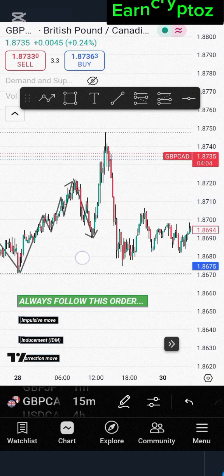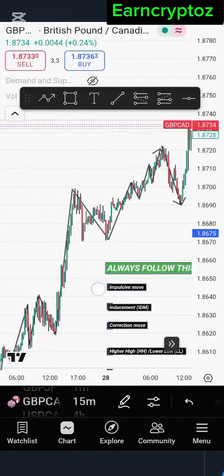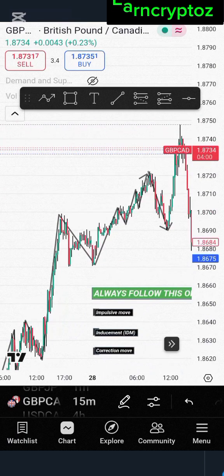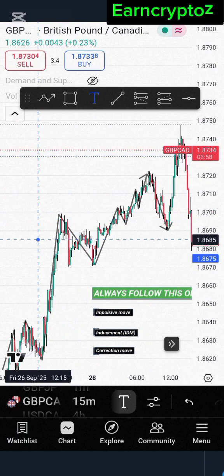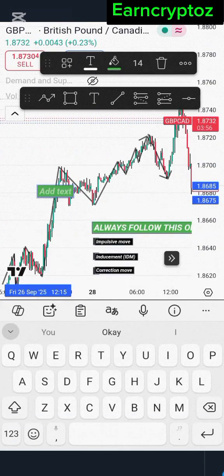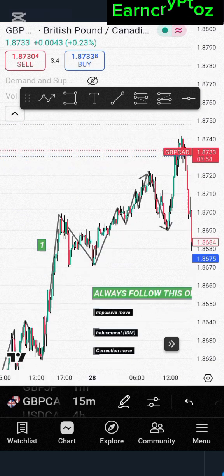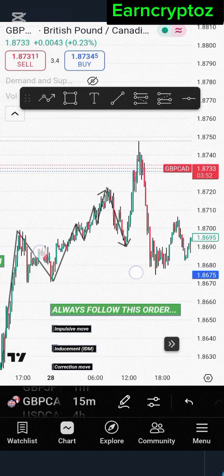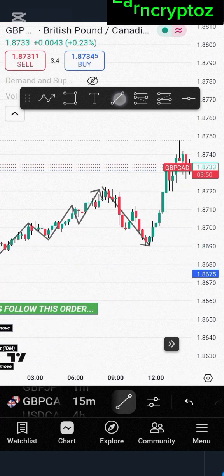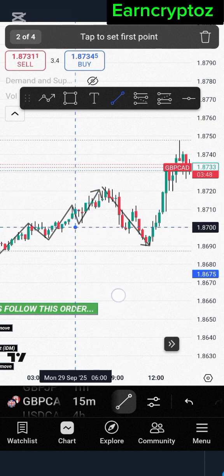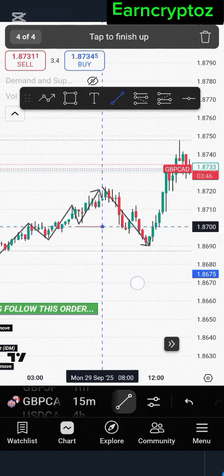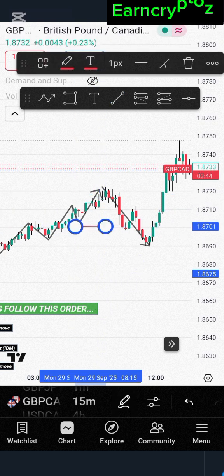Okay, so this is what we're going to do. From down here to up here was the 1, that is the impulsive move. So that's 1, impulsive move. Then we have the inducement right here, which is 2. It makes it easier to identify these things.